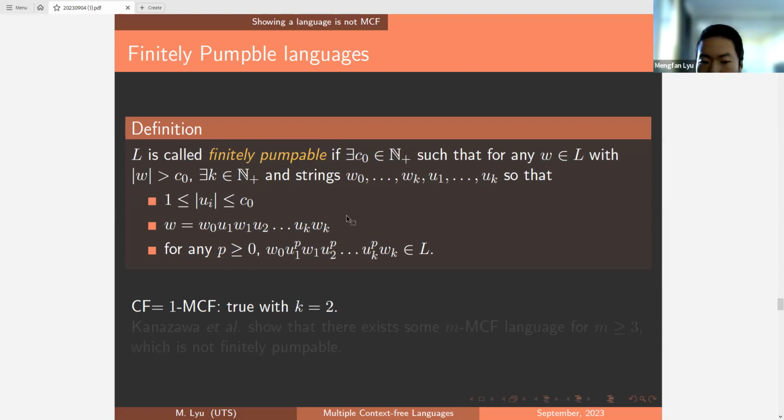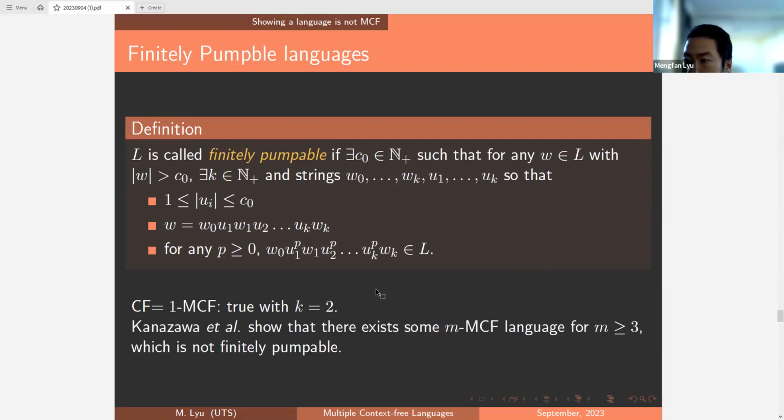And in this case, we only need 5 parts of the word, so k is 2. Unfortunately, it is not true for multiple context-free languages.